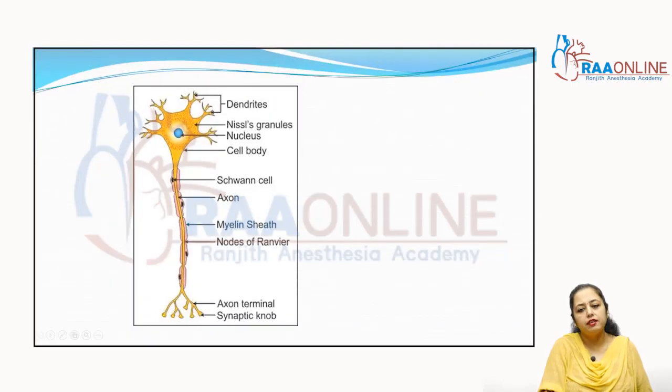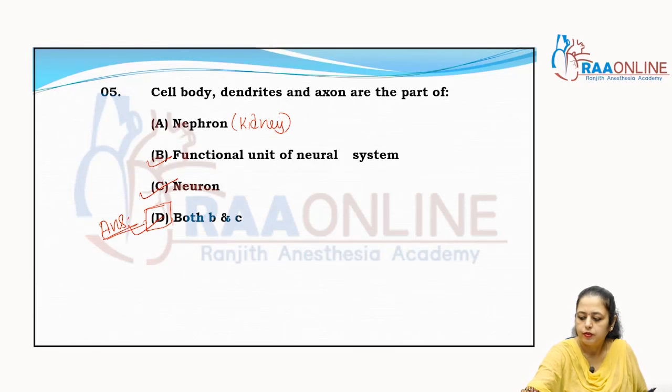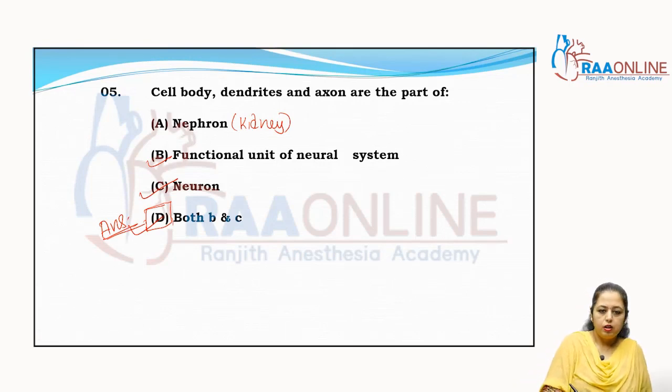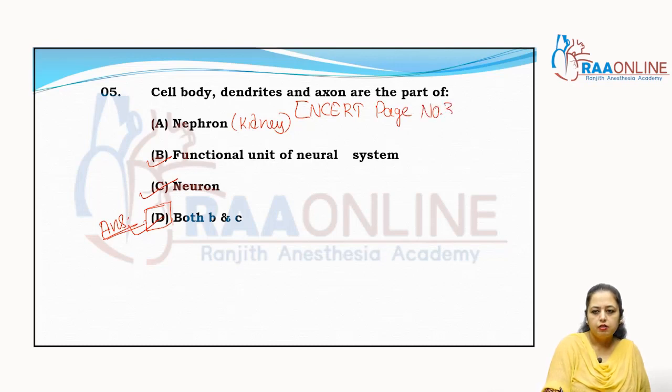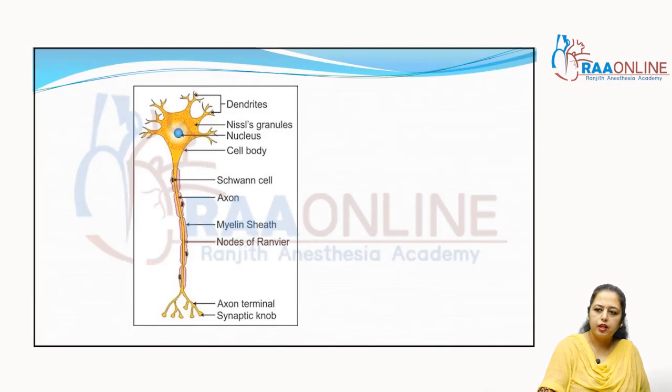That is, cell body, dendrite and axon are the part of the neuron, which is the functional unit of the neural system. You can see here, this is the NCERT diagram, right? That information is given in NCERT page number 316, 317, heading number 21.3.